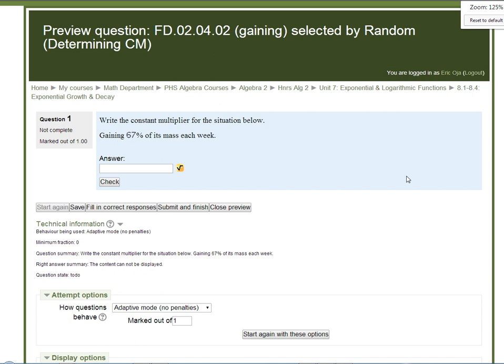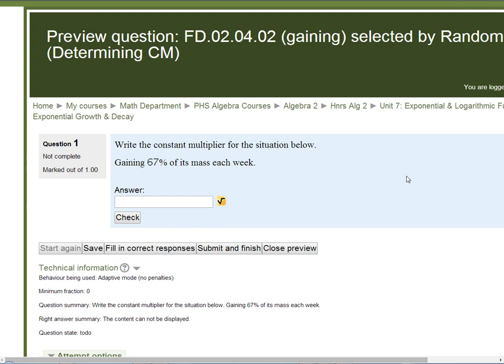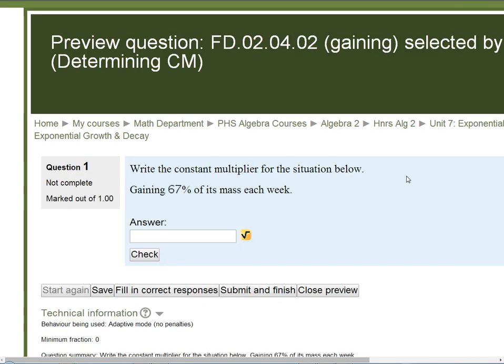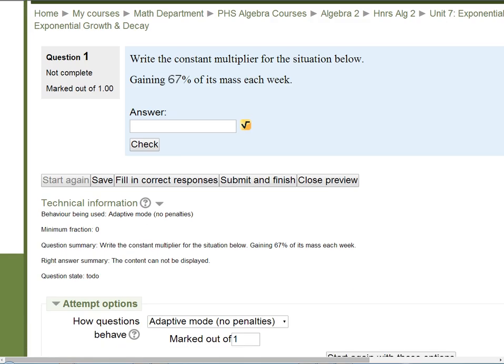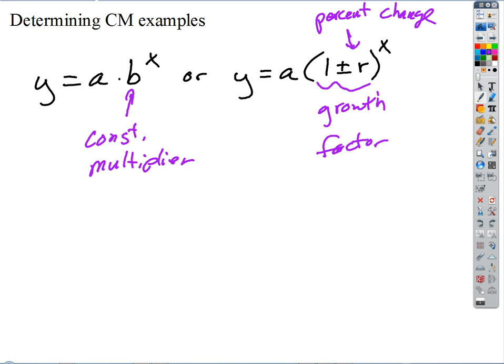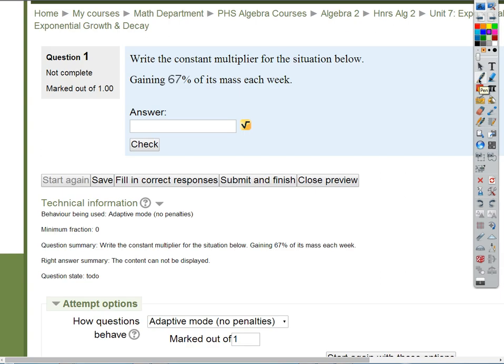But what I have to do, if I want to write this, right now it's written in terms of a percent change, right? So 67% corresponds to, okay, 67% written as a decimal, what is that? 0.67.